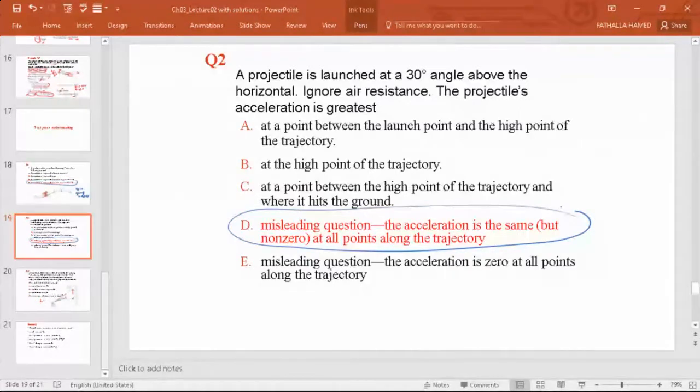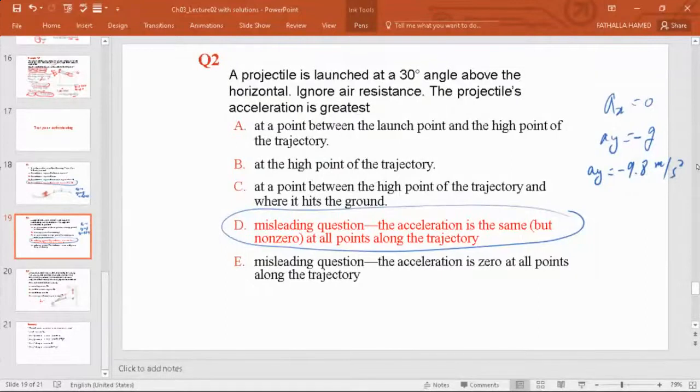If an object leaves your hand and becomes a projectile, its ax is equal to 0, and ay is equal to minus g, which is minus 9.8 meters per second squared. So again, you have to be careful. At the highest point in the trajectory, your velocity is not 0, but the y component of your velocity is 0. But your acceleration is going to stay the same. Is this clear?